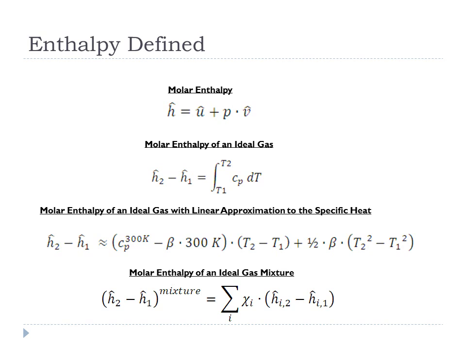So if it's 80% nitrogen and 20% oxygen, then it would look like 80% times the enthalpy difference for the nitrogen component, plus 20% times the enthalpy difference of the oxygen component. And that's all on a per mole of the mixture basis.